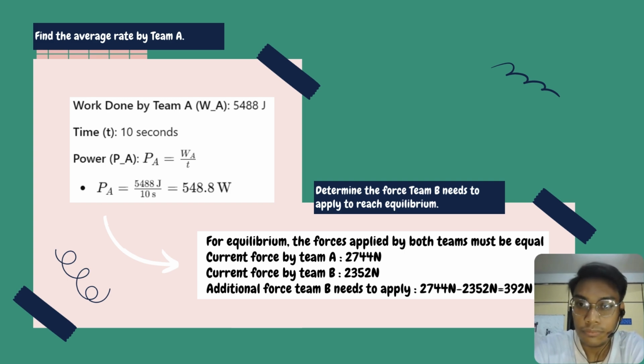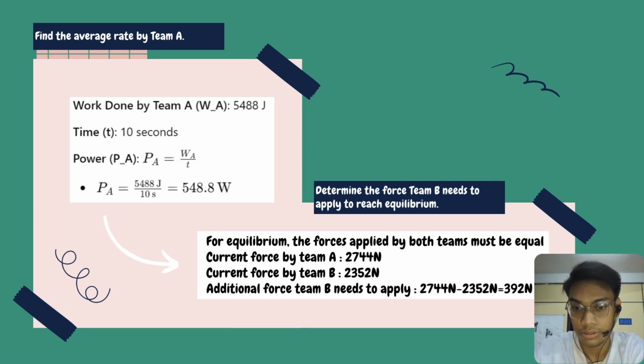So next, determine the force team B needs to apply to reach equilibrium. Equilibrium here means the force applied by both teams must be equal. So we want to know how much more force team B needs to match the force of team A. We just need the force of team A minus the force of team B, which means 2744 Newton minus 2352 Newton, and get the answer, 392 Newton.